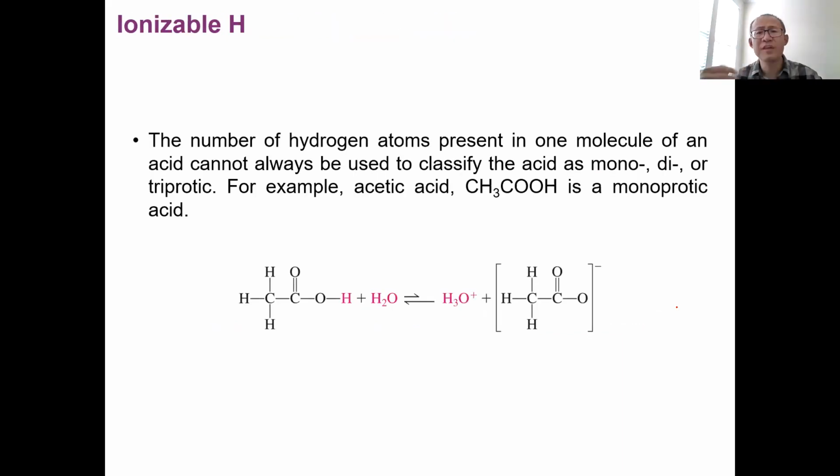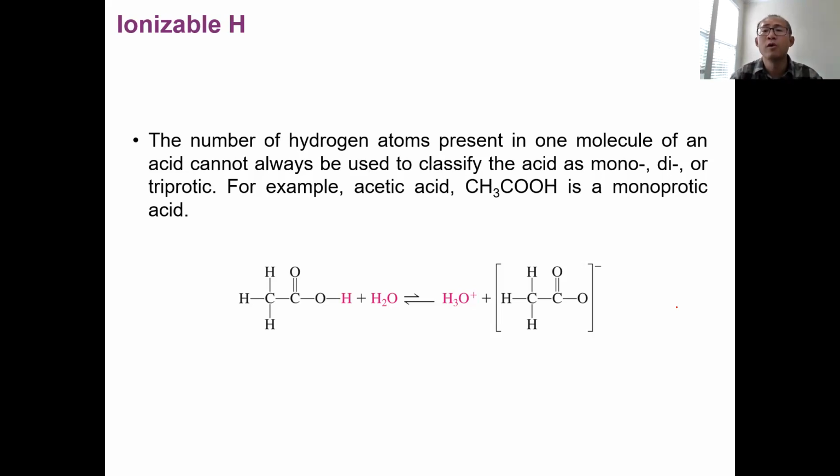But one thing I do want to point out: we know acids are hydrogen-containing compounds that can ionize to produce protons. But if a molecule contains hydrogen, it doesn't mean all the hydrogens in the formula or in the structure can ionize into protons. You have to analyze case by case.